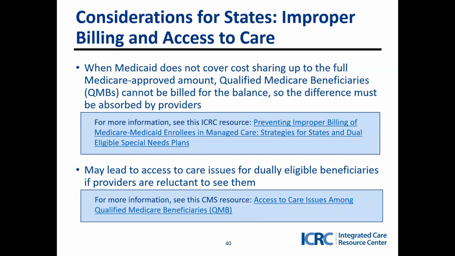So that was just a brief overview. We've provided a couple of resources on this slide that dig a little bit deeper about preventing providers from improperly billing QMBs for cost sharing amounts that they don't owe, as well as a resource about access to care issues that can arise among QMBs, particularly when states use lesser of payment policies. Next slide, please.